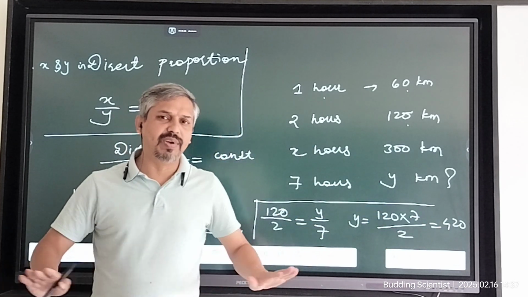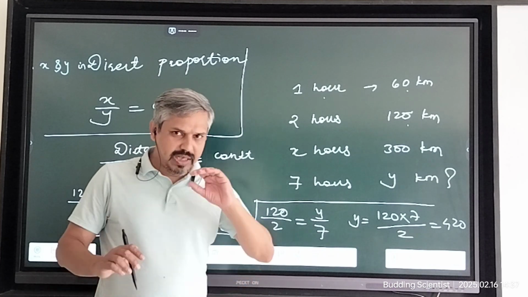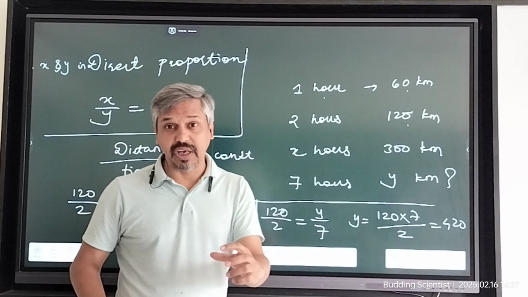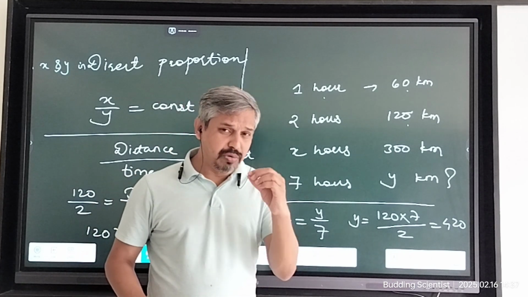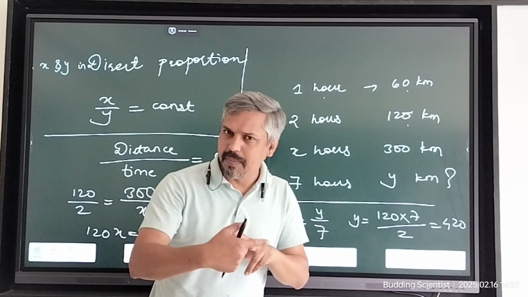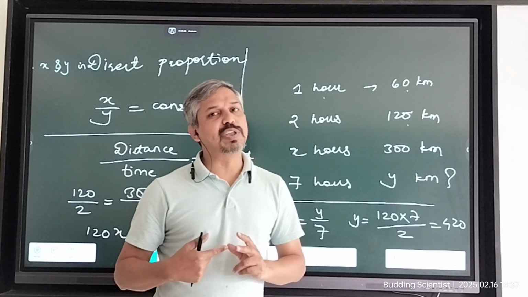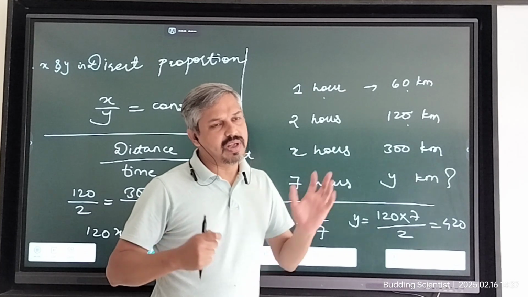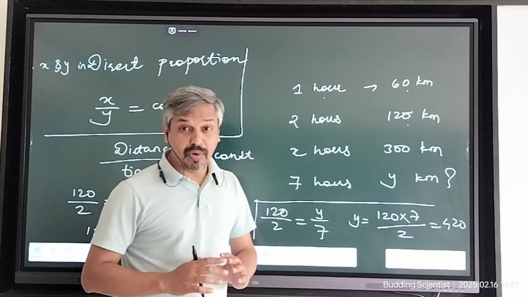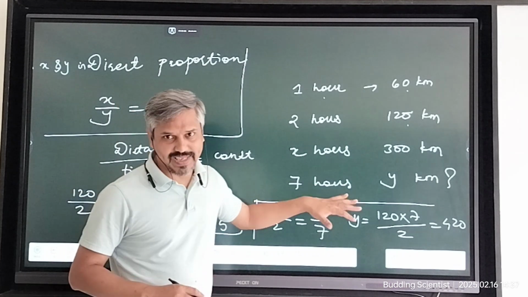There is nothing difficult in direct proportion. The only critical thing is identification. Can you identify? Can you check? Can you judge if the given two entities are in direct proportion or in inverse proportion? If you can make that out, solving the problem is an absolute cakewalk. To be honest, this problem deserves to be in grade 6.